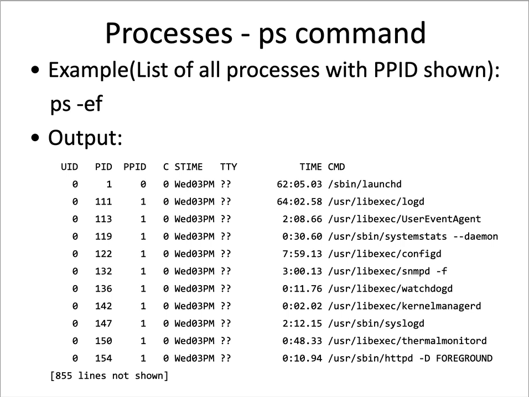It shows the process ID, and then it shows the parent. So on this screen, since it's a Mac, it is called launchd. So launchd started, and then it started all the processes that are at least shown on this screen. And there are 855 processes that I didn't show.